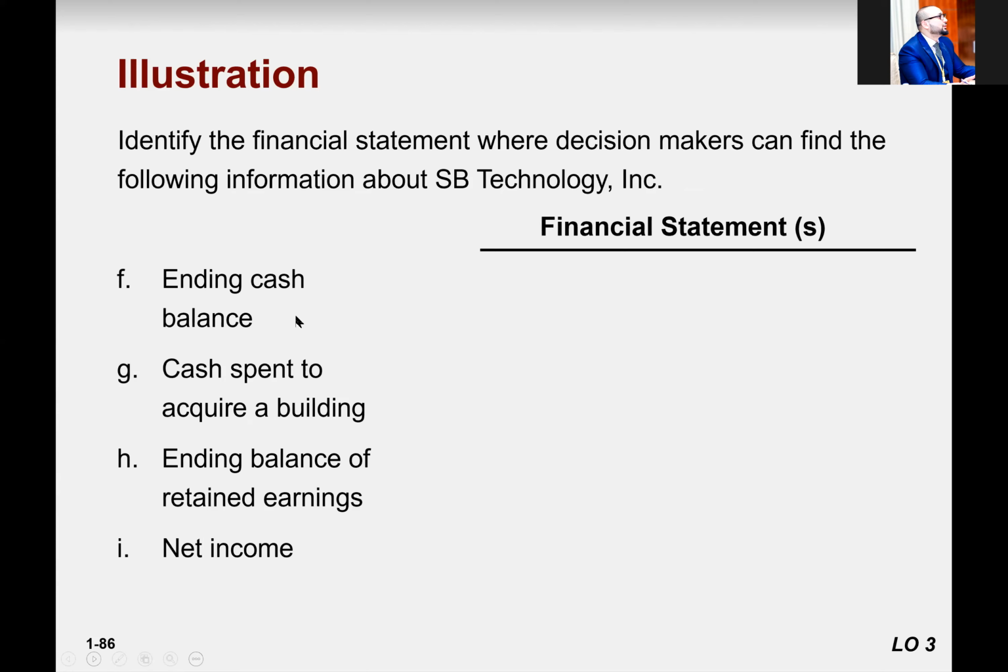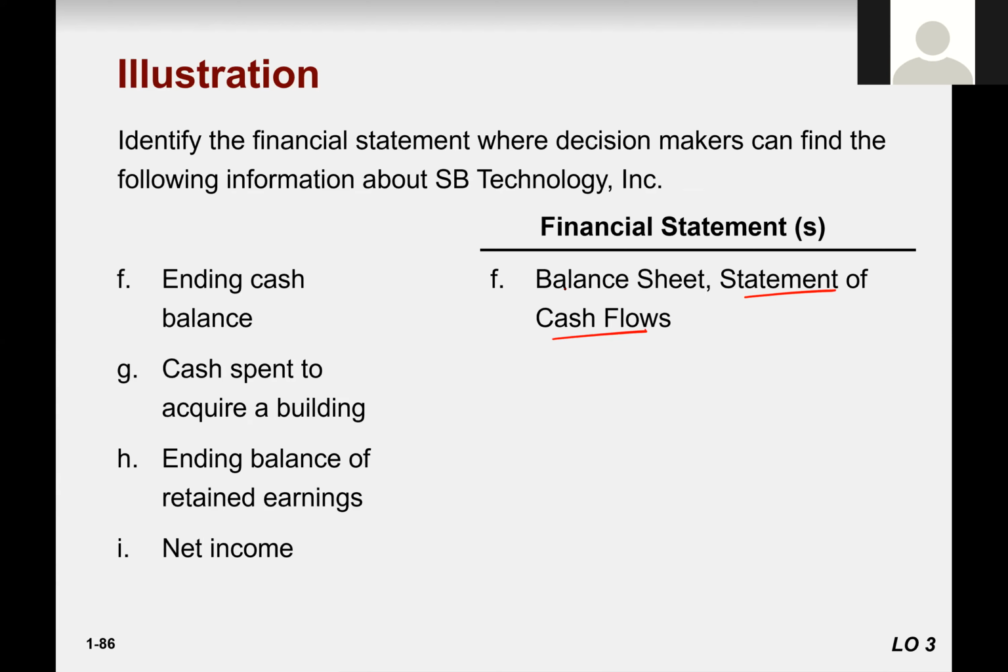Okay, ending cash balance, both: cash flow statement and balance sheet. Okay, now cash spent to acquire a building. Where can you write it down? Cash flow. Expenses? It's not an expense. Remember, is the building usage for more than 1 year or less than 1 year?